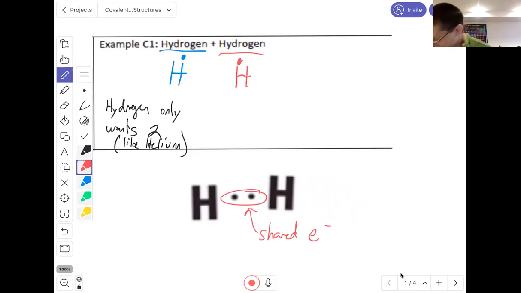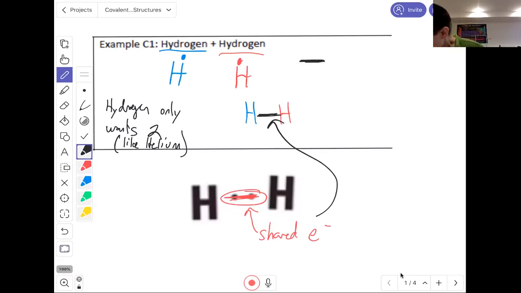And when I share electrons, I actually draw it as a line. So I would write this as a dash that connects them. So that is also my shared electrons. And you can imagine that a line, right, equals 2 shared electrons.